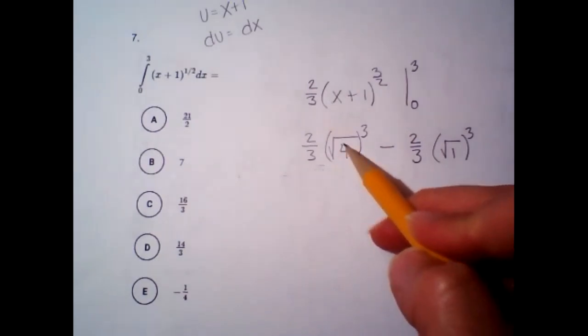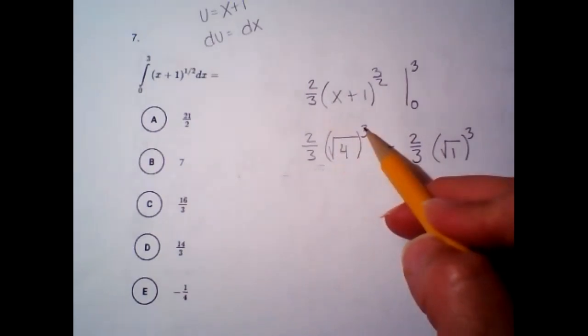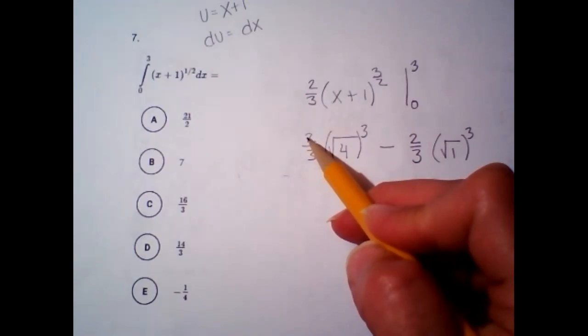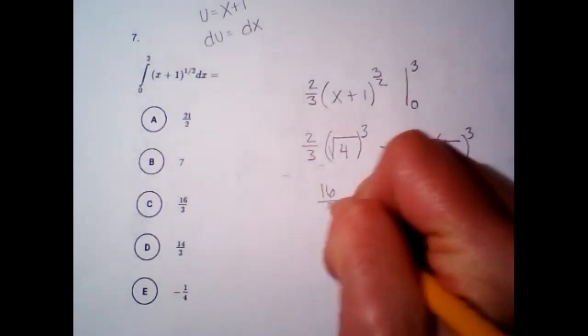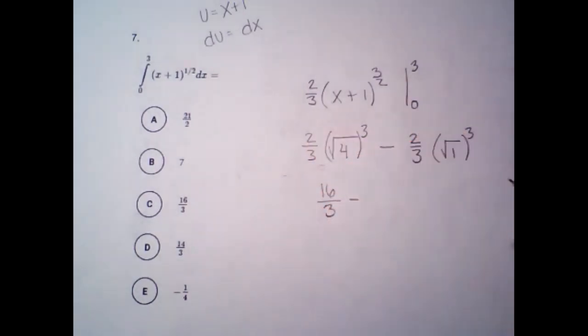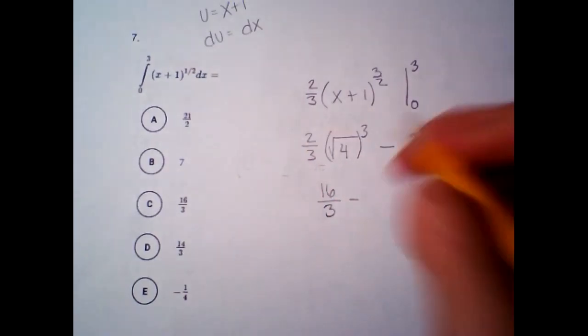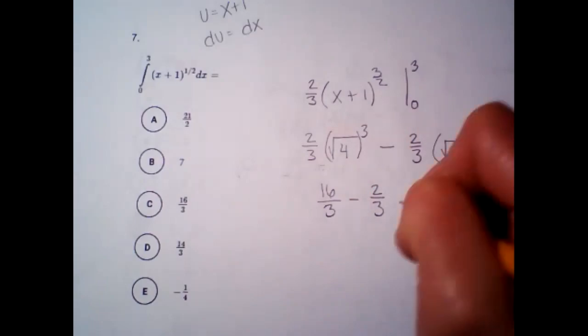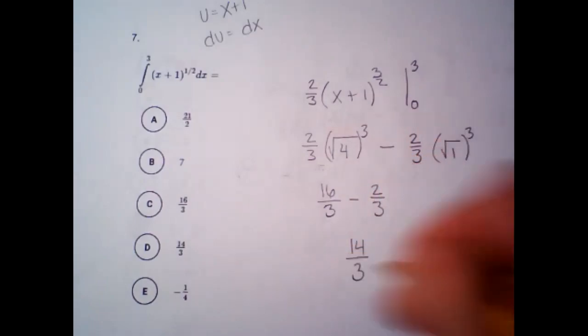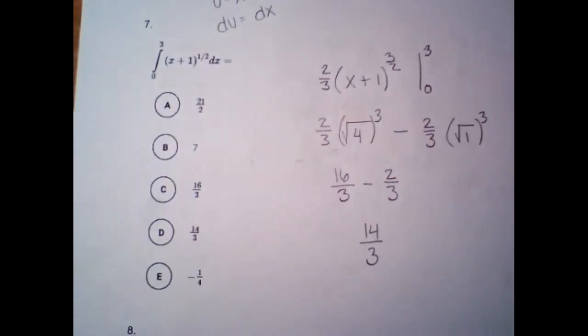So the square root of 4 is 2, 2 cubed is 8, and 8 times 2 will be 16. So 16/3 minus, now this is just all going to be 1, so 2/3, so 14/3. So that one is D.